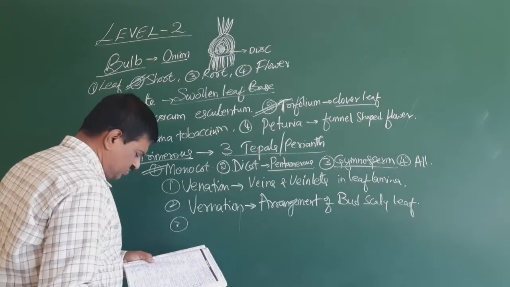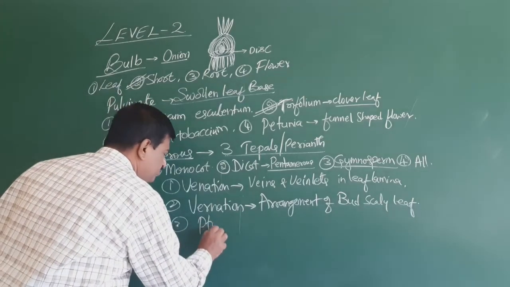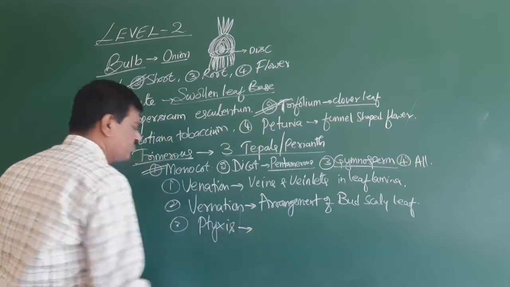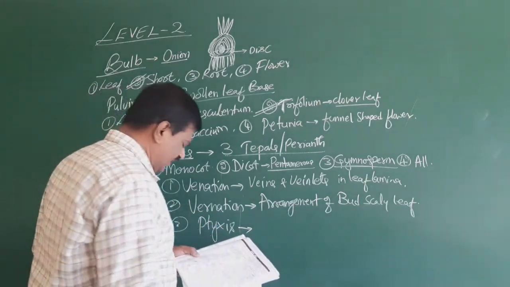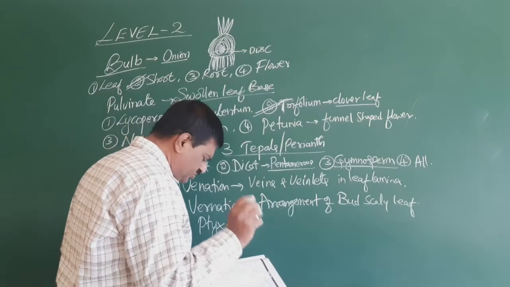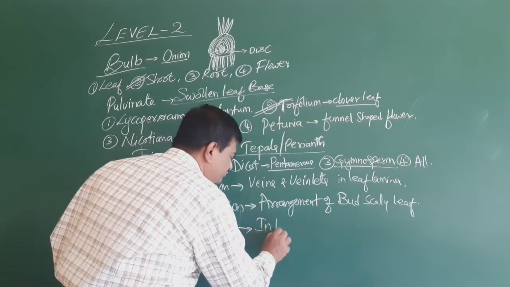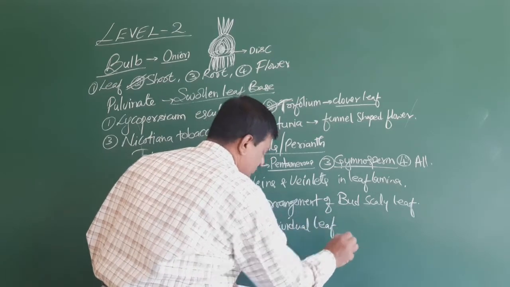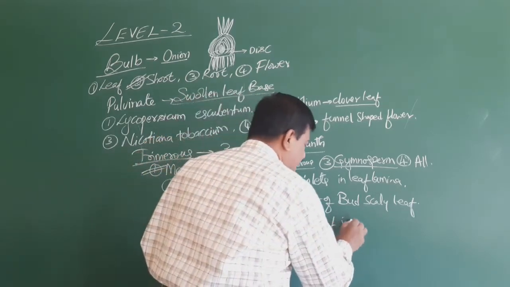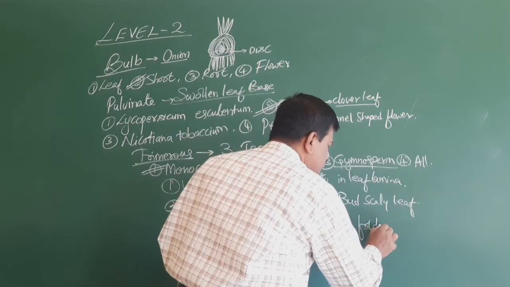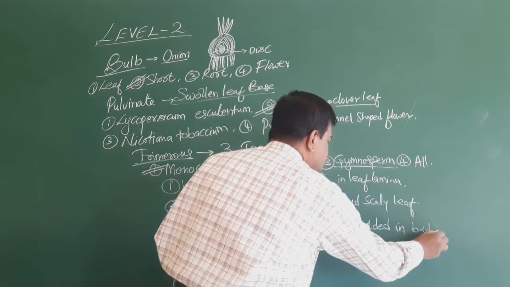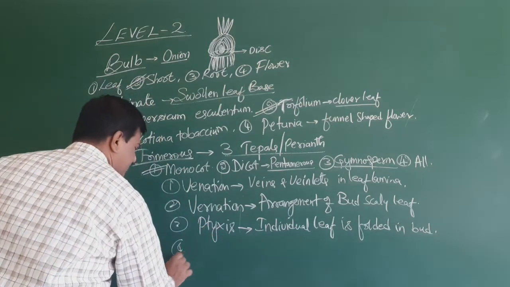And the third one is called taxis. Here it is nothing but an individual leaf is folded in bud. This is called taxis.